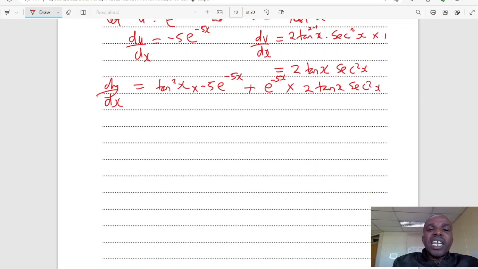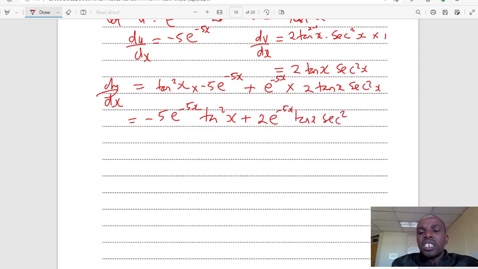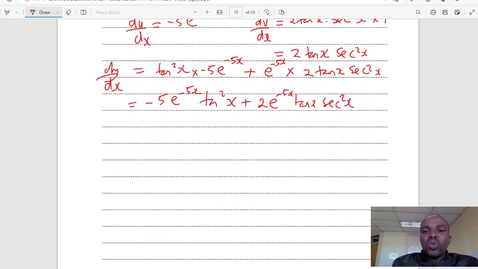Then I can simplify. I will get negative 5 e to the power minus 5x tan squared x, plus 2 e to the power minus 5x tan x sec squared x. Then this part is the gradient, that will be equal to 0.